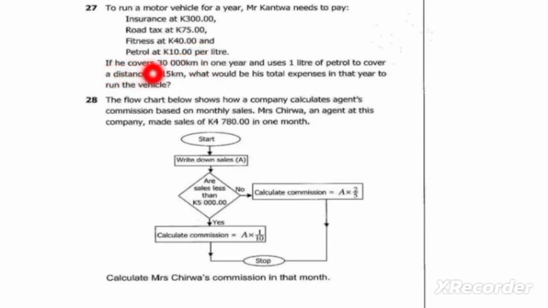If he covers 30,000 kilometers in 1 year and uses 1 liter of petrol to cover a distance of 15 kilometers, what would be his total expenses in that year to run the vehicle?